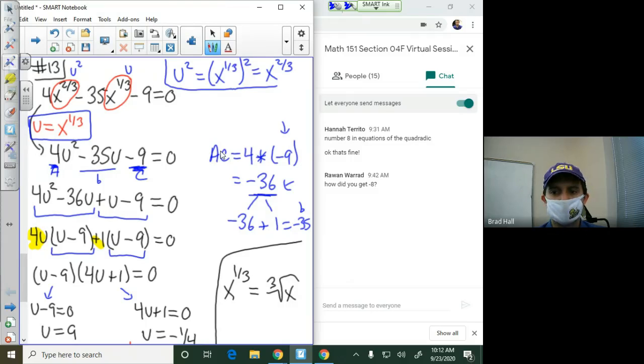But it doesn't mean that that's the pair that we have to use in the AC method moving forward. So we use the negative 9 and the 4 to help us generate the negative 36. But after that, we need to think about another pair that actually adds together to give us the negative 35, which happen to be negative 36 and positive 1.